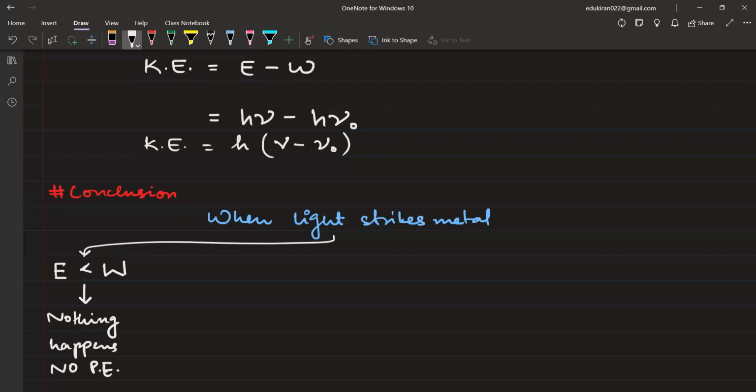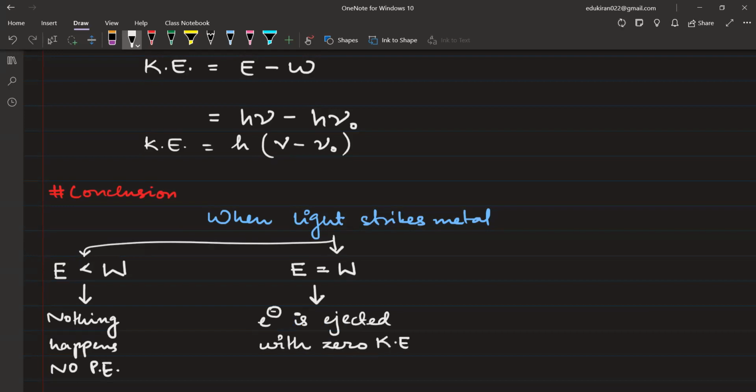Now, next case is when you have the energy of the light that is equal to work function. So you have given the minimum amount of energy to eject the electron. So only the electron will be ejected. Electron is ejected with zero kinetic energy.